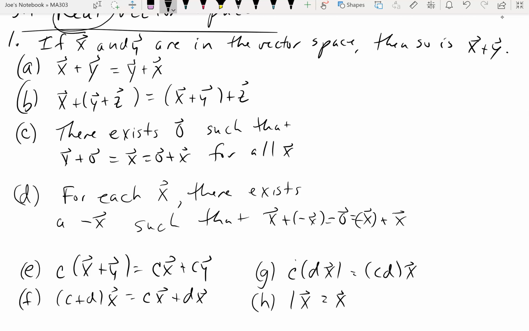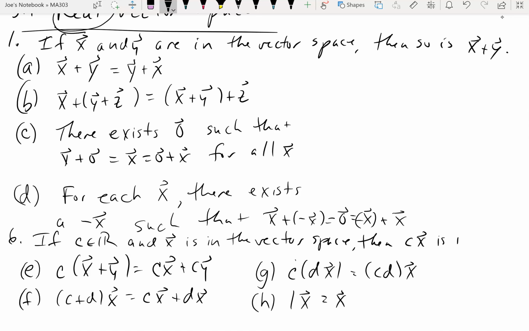There's a closure axiom for scalar multiplication. Your book labels this one as 6 because it puts the extra ones in here. So 6 says that if you have a real number scalar, I'll say C, and X is a vector, then the scalar multiple is also in the vector space again.